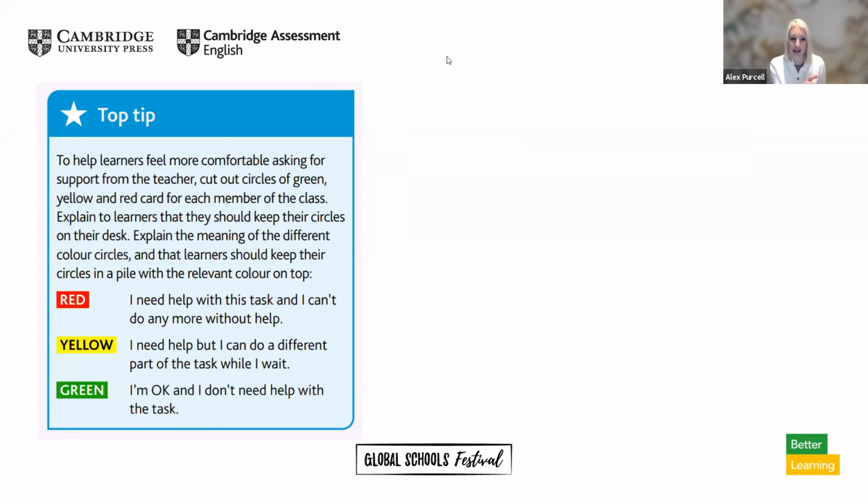So this traffic light system asks them to have a set of coloured dots on their desk, where they can signal to you how comfortable or how not comfortable they're feeling with a particular activity. You could do this online by using the features in a platform like Zoom or something like that.